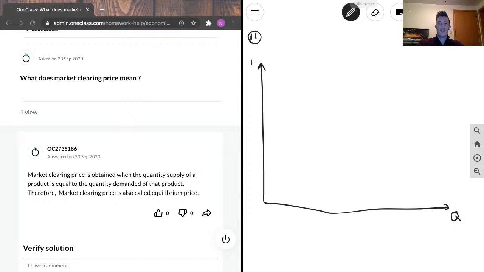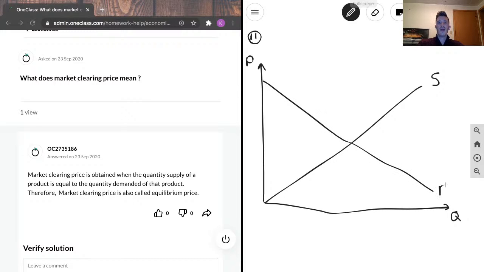Quantity on the x-axis and price on the y-axis. We have our supply sloping upwards and our demand sloping downwards, point where they meet. It's going to produce the equilibrium quantity, and the equilibrium price, otherwise known as the market clearing price.